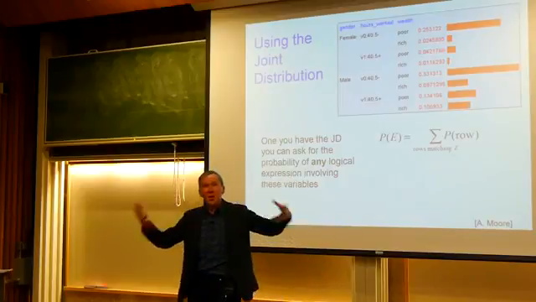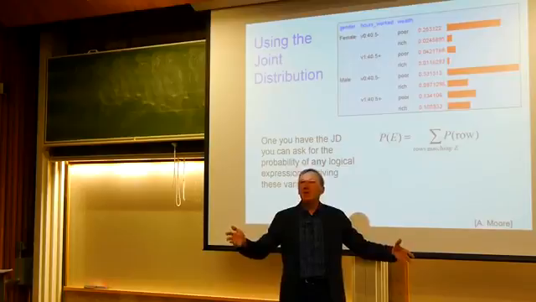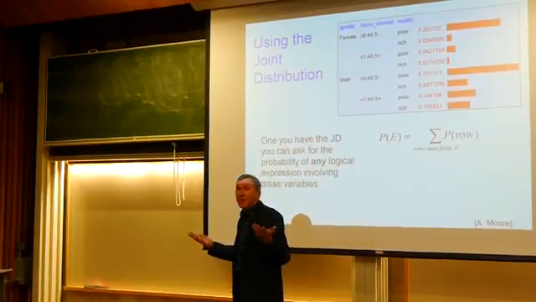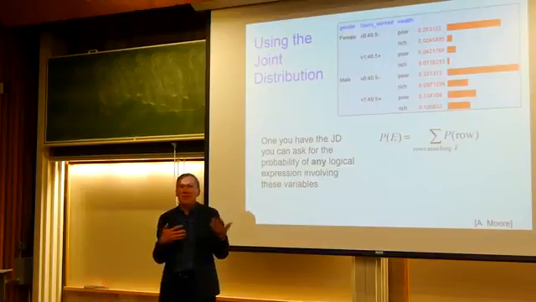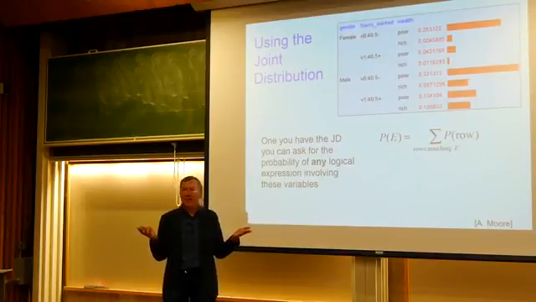So in some sense, knowing the joint distribution over a collection of random variables tells you absolutely everything that there is to know probabilistically about the relationships among those random variables. That's why it's at the heart of what we're doing.